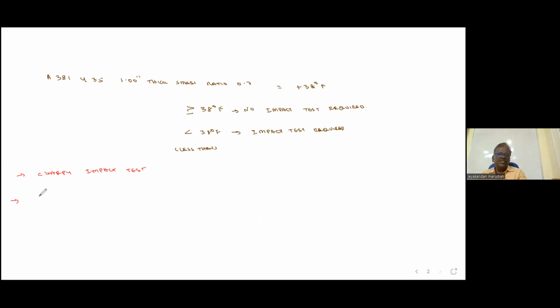So one set is equal to 3 specimen. You have to remember, in many exams this is asked in the closed book. One set means 3 specimen. Now, which specification are we using for testing? A370 specification, the specification for impact test.